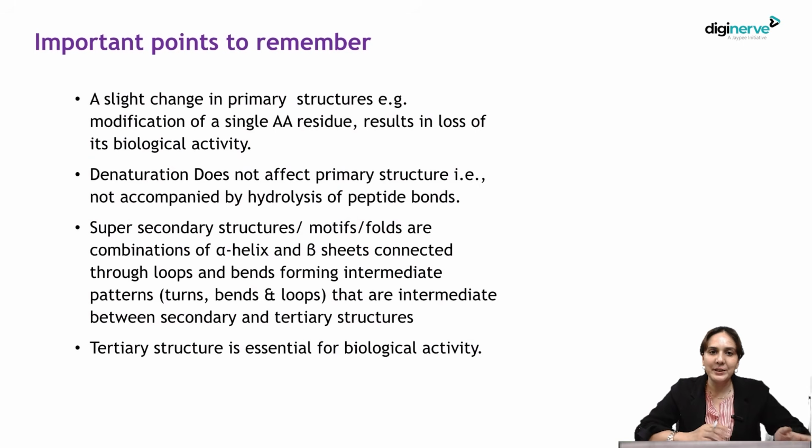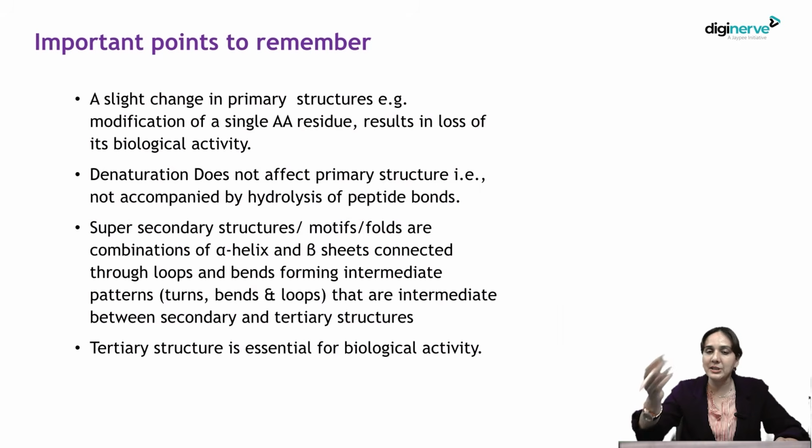Now the important points to remember from this lecture are, first of all students, you should know about the primary, secondary, tertiary and quaternary structure. Primary structure is the linear joining of amino acids with the help of peptide bonds, and secondary structure is the formation of hydrogen bonds which helps to form either coils or beta pleated sheets. Then the supersecondary structure joins the secondary structures with the help of loops or bends.